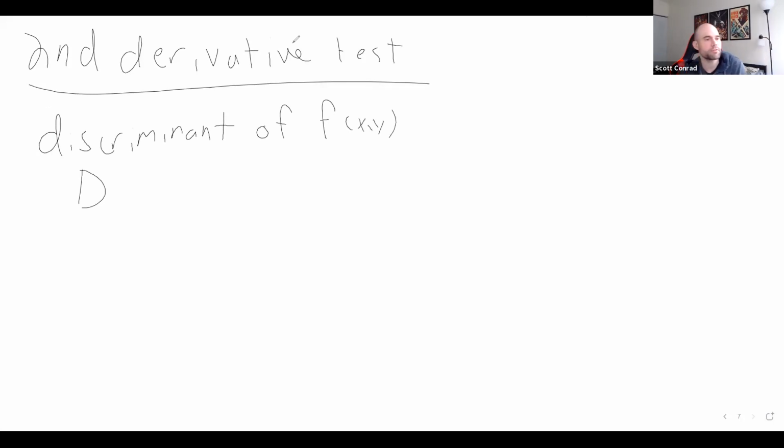So the discriminant of f of x, y, we'll call it capital D, is going to involve all the second partial derivatives.